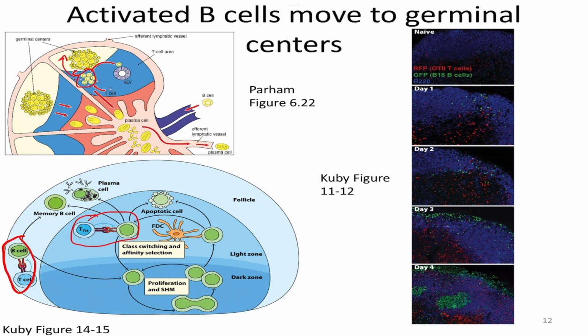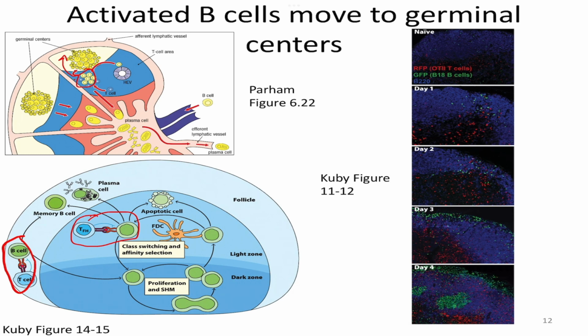So we've got B cells in general in blue on the right-hand side. We've got the T cells that are specific for a particular antigen in red, the B cells that are specific for that antigen in green. You can see they're in two different zones at the beginning, and then you can see that they will sort of move together and then kind of come into a larger cluster.